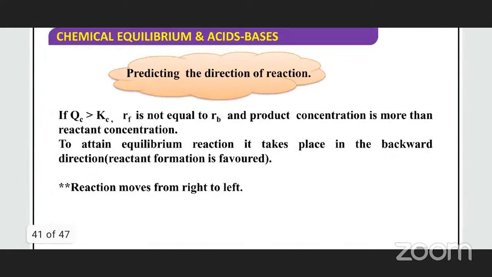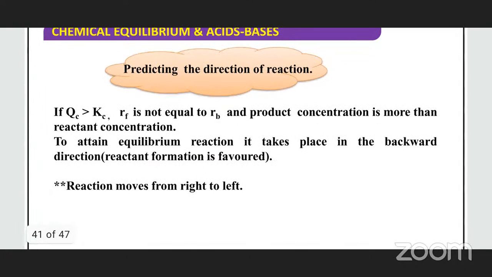Predicting the direction of reaction: if Qc is greater than Kc, Rf is not equal to Rb, and product concentration is more than reactant concentration. To attain equilibrium, the reaction takes place in the backward direction. Reactant formation is favored. Reaction moves from right to left.